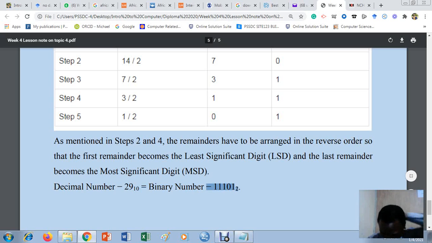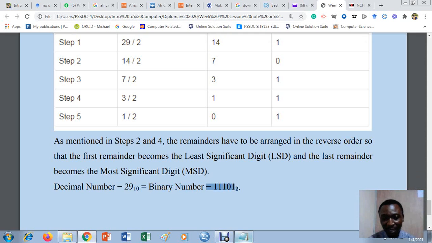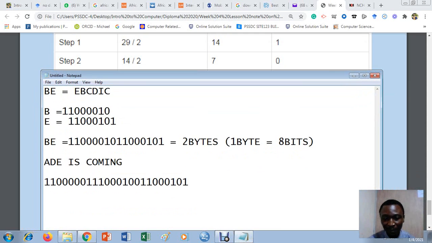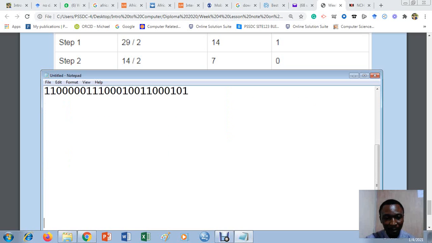Now let's take a practical look at how it is. We said we are converting 29 base 10 to binary, and that is the 29. Because we are converting it to binary, binary is 2.